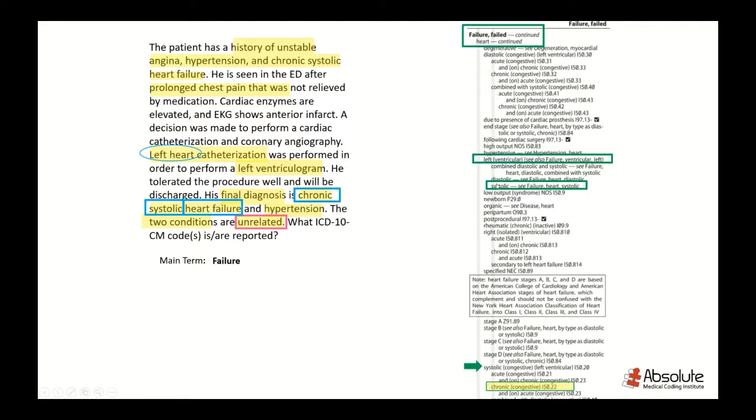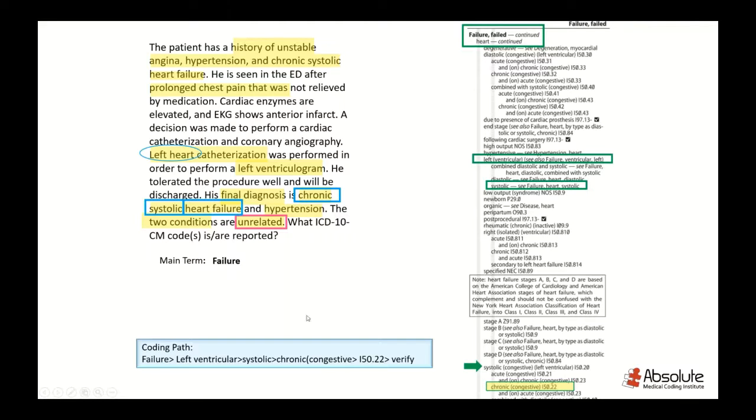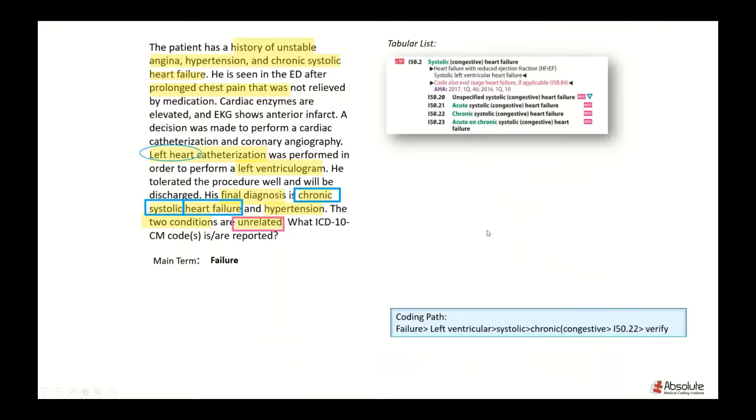Whenever you see the direction "see failure, heart, systolic," you're going to have to reference that and go there, which is where we are now: chronic congestive, and we're given the default code of I50.22, and here is your coding path, by the way. I'll give you a moment to screenshot it. And let's move on. Confirm that in our tabular list.